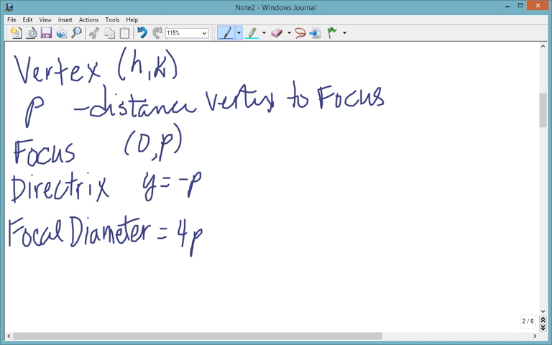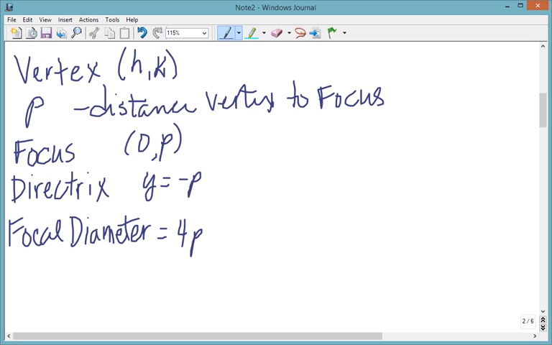The focus is the point that we're talking about, and the point is always inside the parabola. So if it opens to the right, then the focus would be to the right of the vertex. If it opens to the left, then the focus would be to the left of the vertex. The directrix is a line.